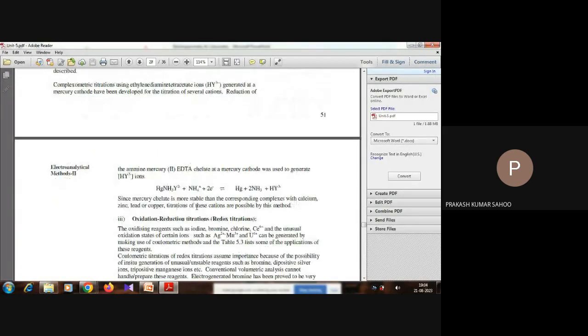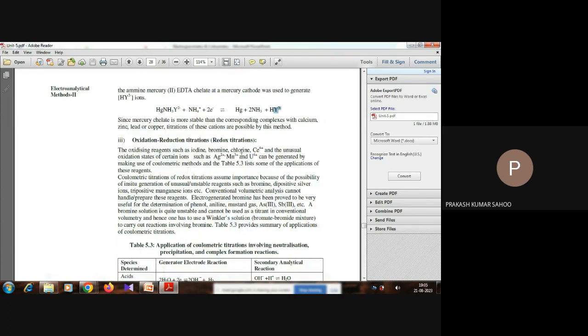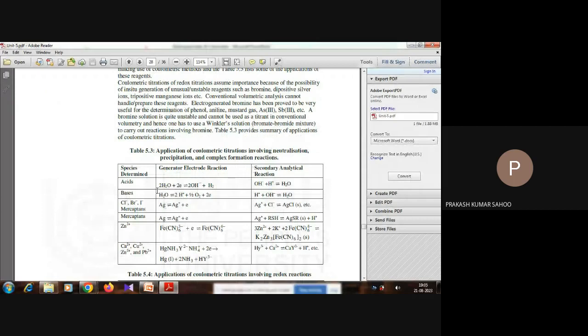This is the reaction: mercury amine Y2 minus plus 2 electrons gives mercury and 2 ammonia, then this will have EDTA 3 minus. Then oxidation reduction, this is a redox reaction. These redox reactions are supposed to happen, and this is the acid-base reaction. This is the precipitation reaction: silver gets converted to silver chloride.